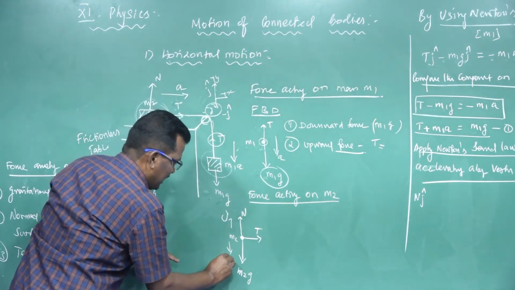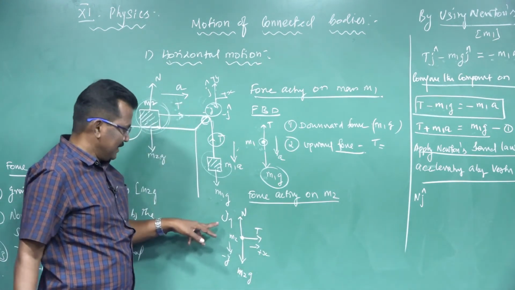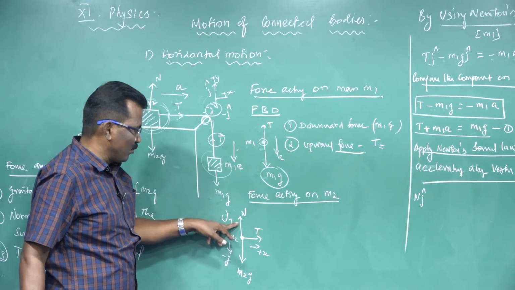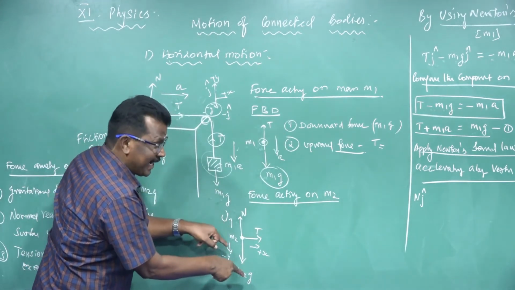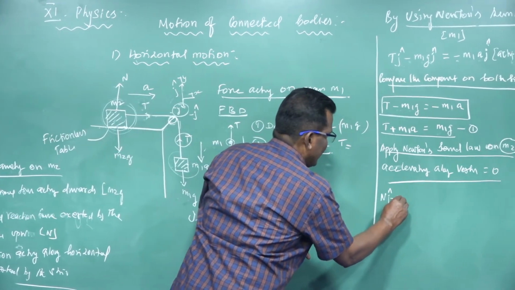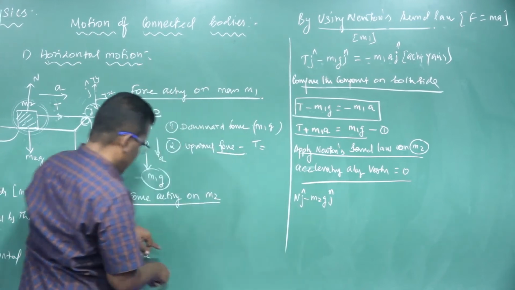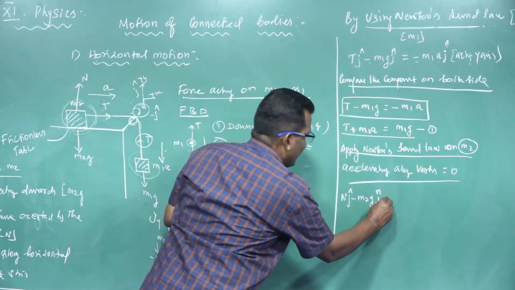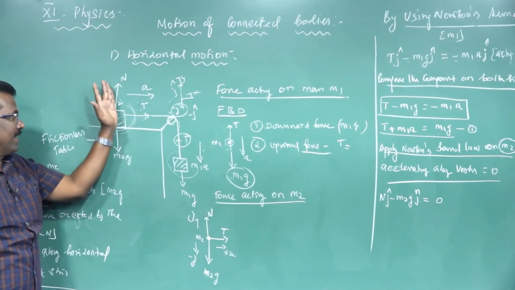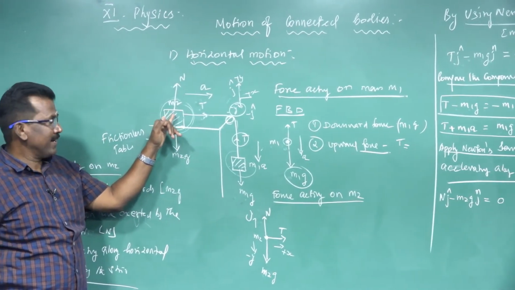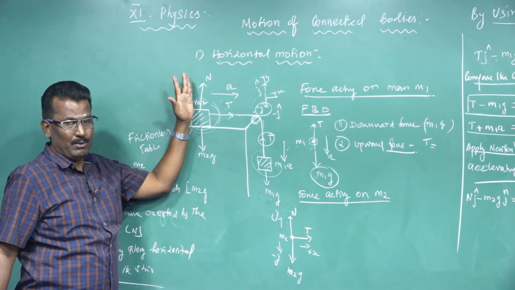This is along the negative y-axis. This is along the positive x-axis. The component along the positive y-axis is N j cap, and M2g is along the negative y-axis, so minus M2g j cap is equal to the acceleration, which becomes 0 in the vertical direction.